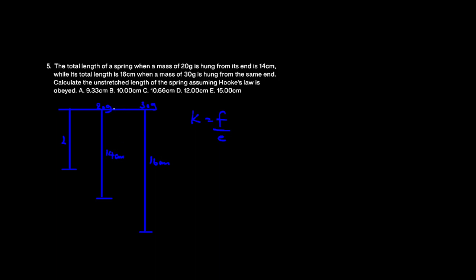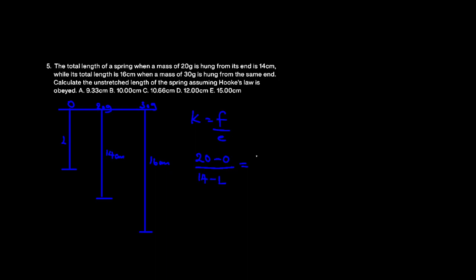So we can solve by saying that the change in force is going to be 20 minus 0, because this is when 0 force is hung on it, divided by the extension. So change in extension is going to be 14 minus the length L. And this will equal the change in force between this and this.